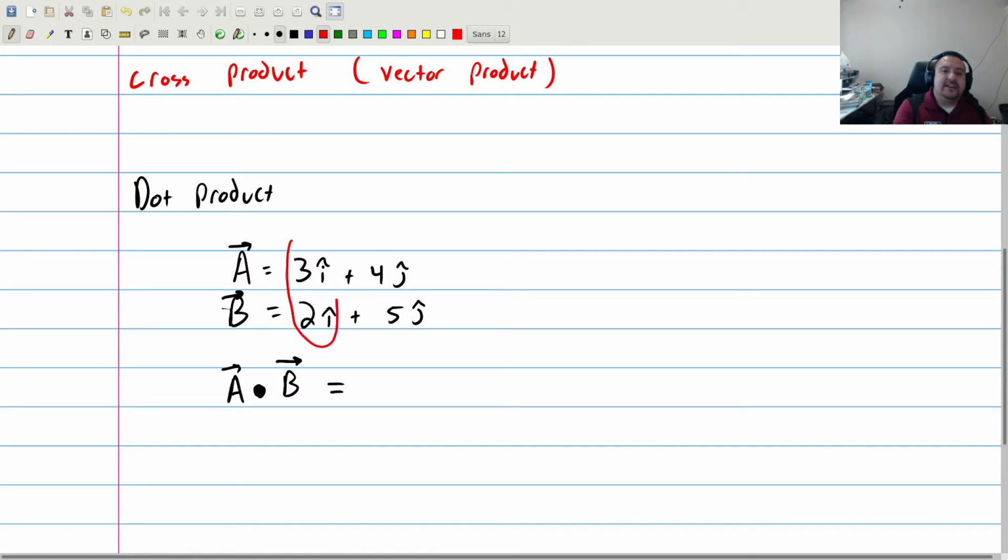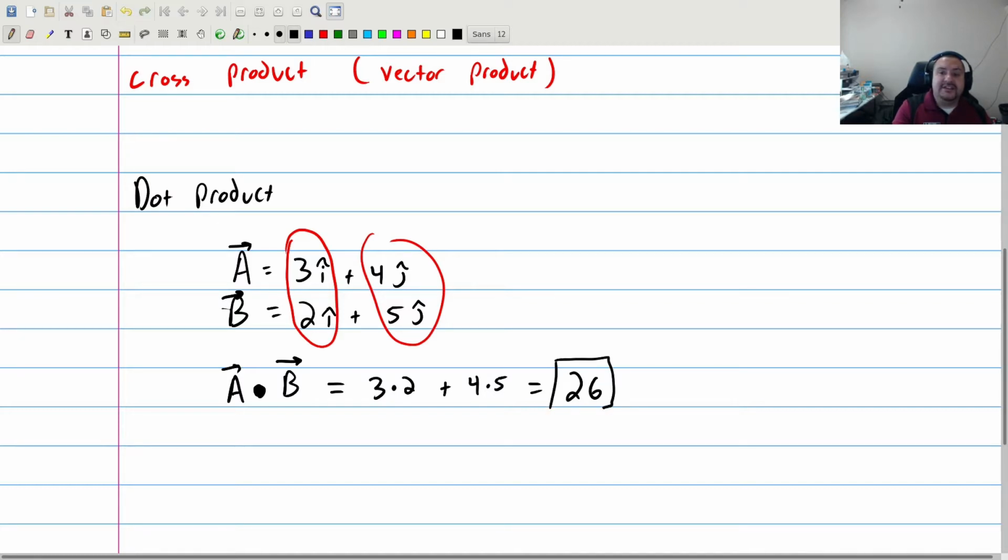So it's a 3 times a 2, and then it's a 4 times a 5, and we're going to add those together. So here it's going to be 3 times 2 plus 4 times 5. This is equal to 3 times 2 is 6, 4 times 5 is 20, so this is 26.